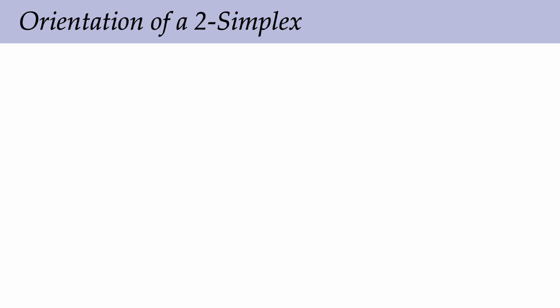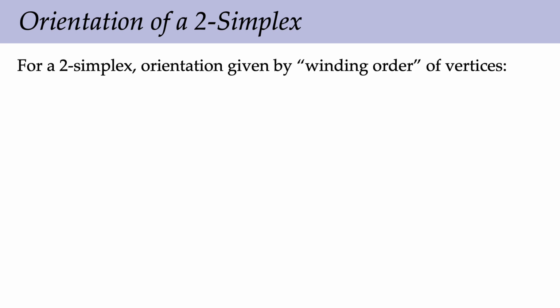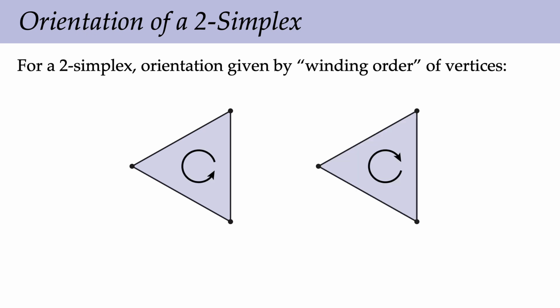So to continue with our story about orientation, we can also think about the orientation of a 2 simplex. For a 2 simplex, the orientation is given by the winding order of the vertices. If I have a triangle like this, you could think of the vertices as going in counterclockwise order like that, or in clockwise order like that.